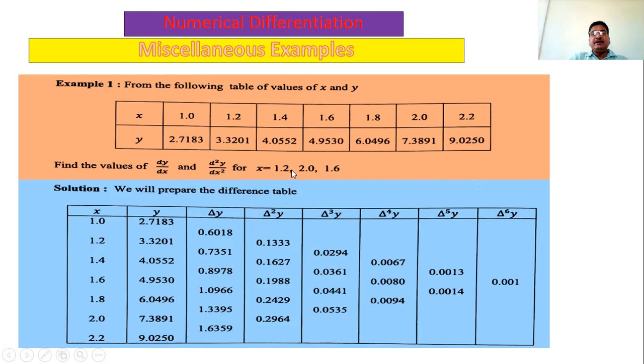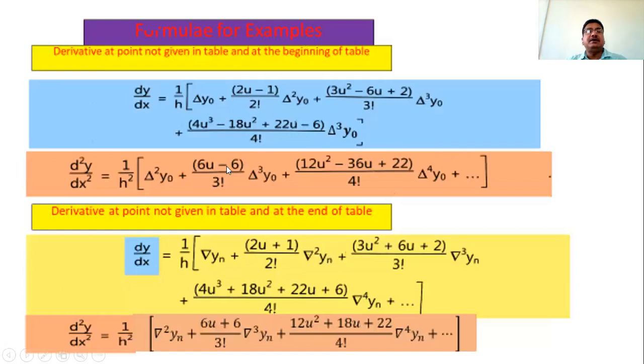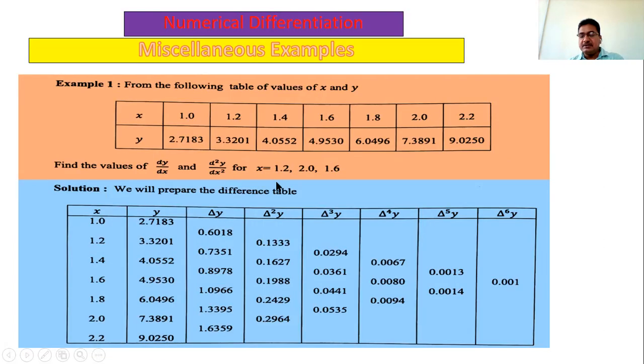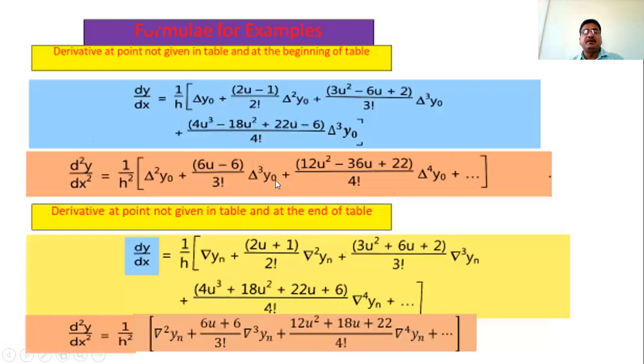So we have to find the value at 1.2, and this 1.2 is present in the table, at the beginning of the table. We know that if the derivative at a point is not given in the table, then use these formulas, and if the values are given in the table, then use the formulae.